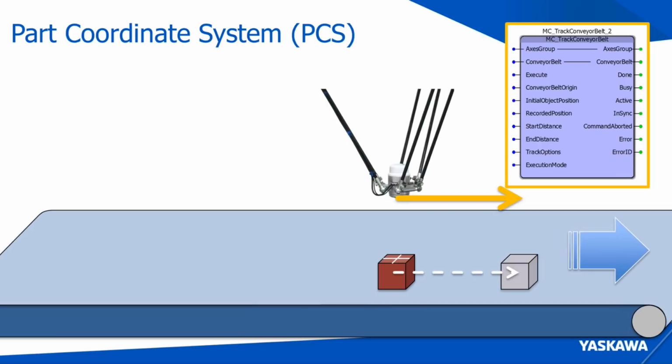Well, if I use MC track conveyor belt, what's going to happen is that delta robot is going to move in the X direction of the conveyor. It doesn't matter where the delta robot is. It could be halfway across the room. It could be anywhere. And it will still track that conveyor in the X direction of the conveyor, the forward direction of the conveyor.